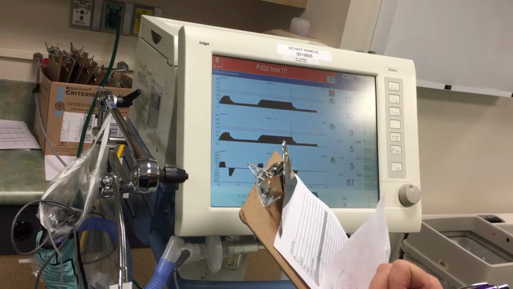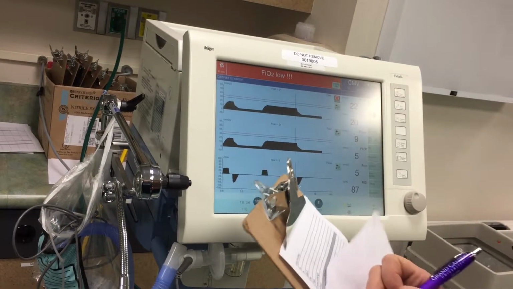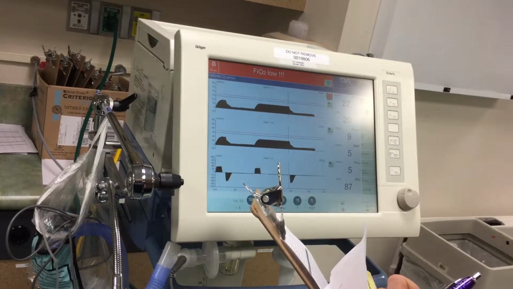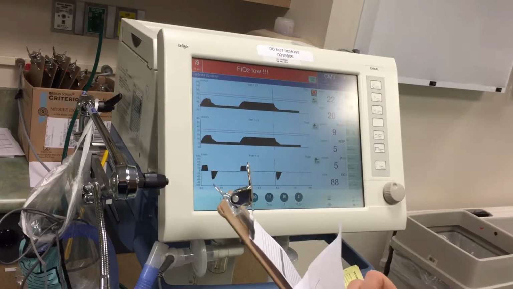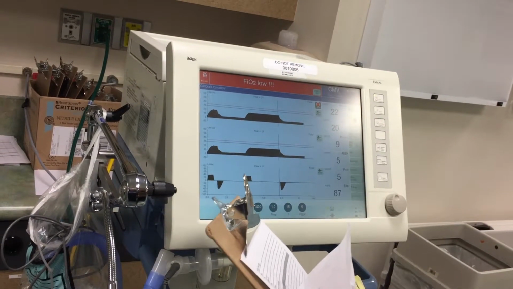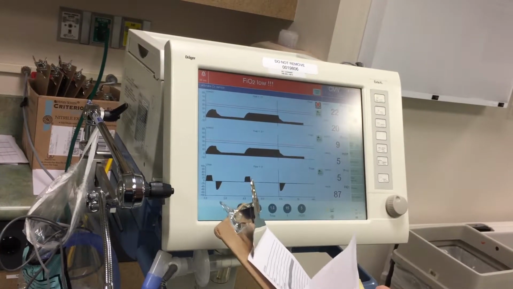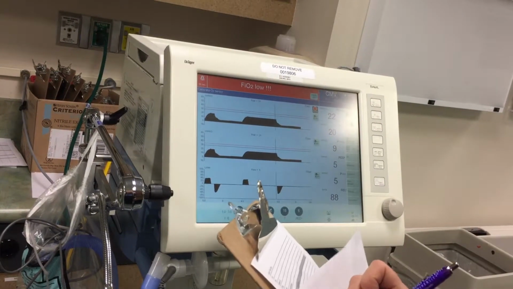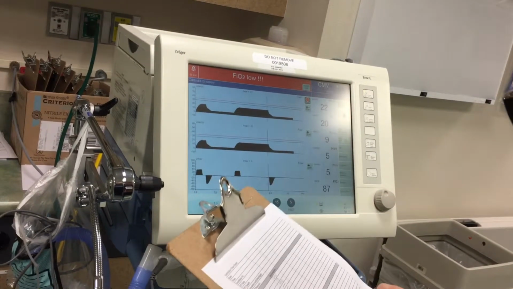That's about 26. So my lung compliance is at 26.